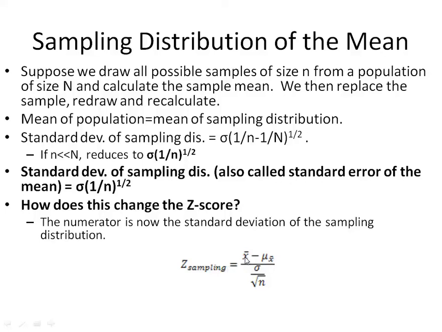It's still the value that you get subtracted from the mean of the sampling distribution, which in this case is just the mean of the population, divided by, instead of just sigma, now it's sigma divided by the square root of n, because the definition of what the standard deviation is for this has now changed from sigma to sigma divided by the square root of n. So this is a graphical representation of what I'm talking about.